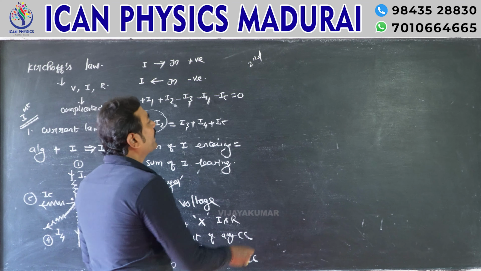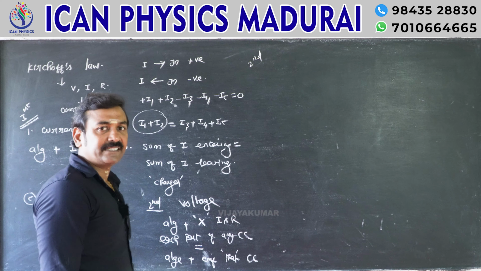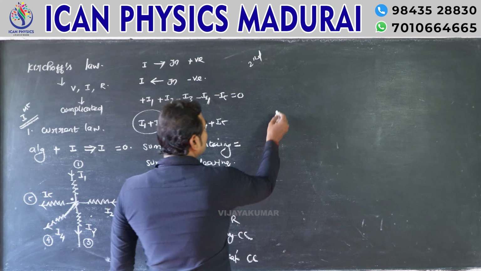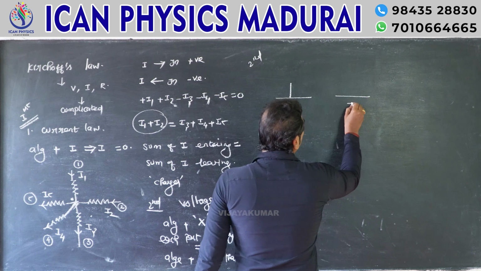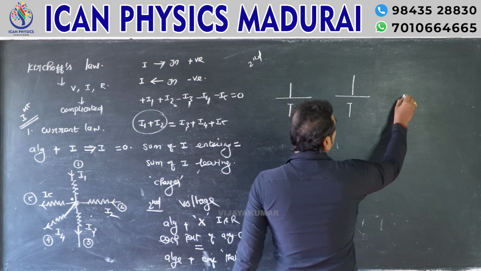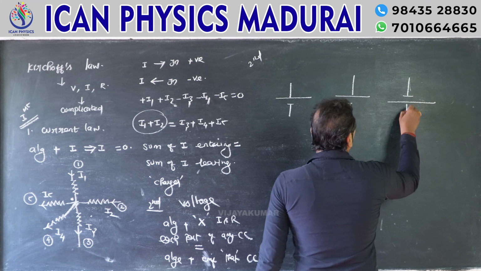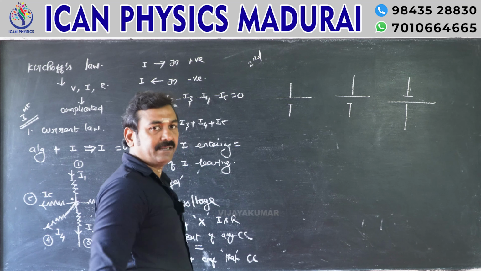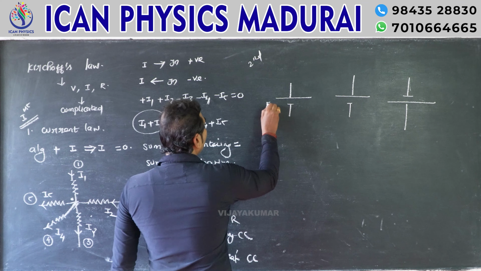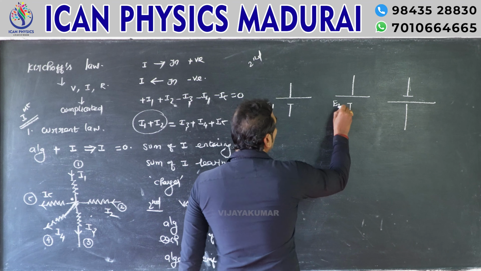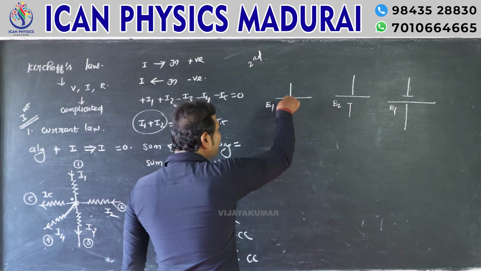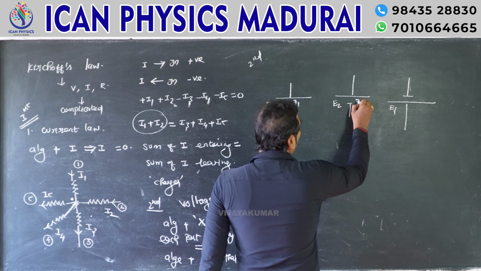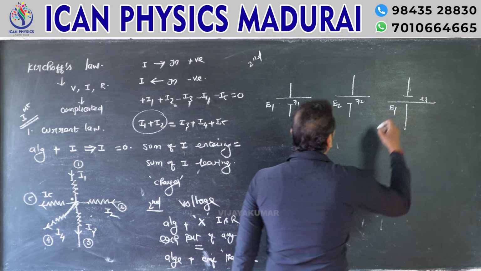No doubts. So for that I am going to construct a closed circuit. We have three batteries of EMF E1, E2 and E3, and their internal resistances are r1, r2 and r3.